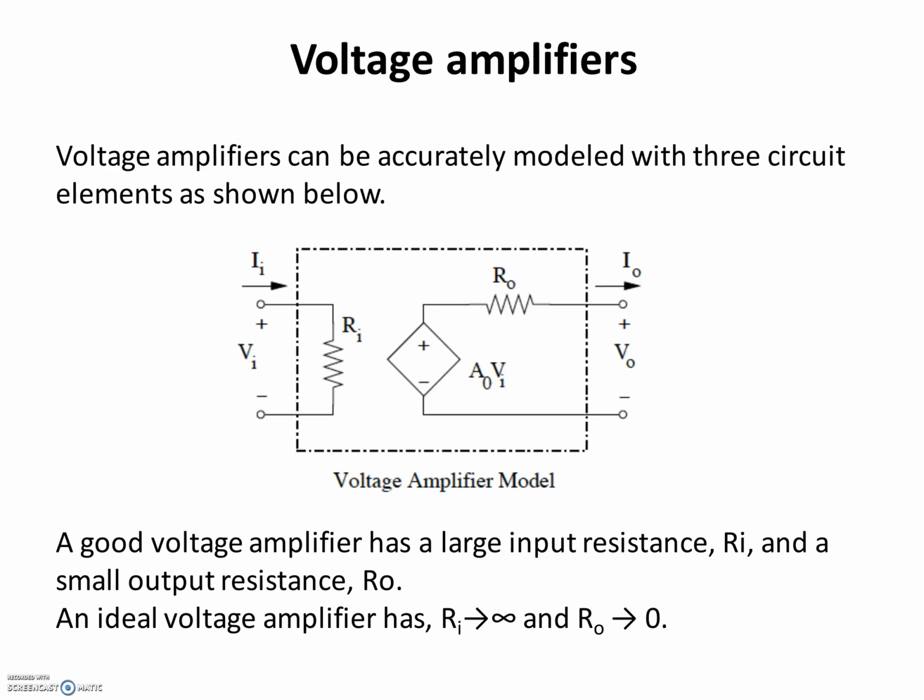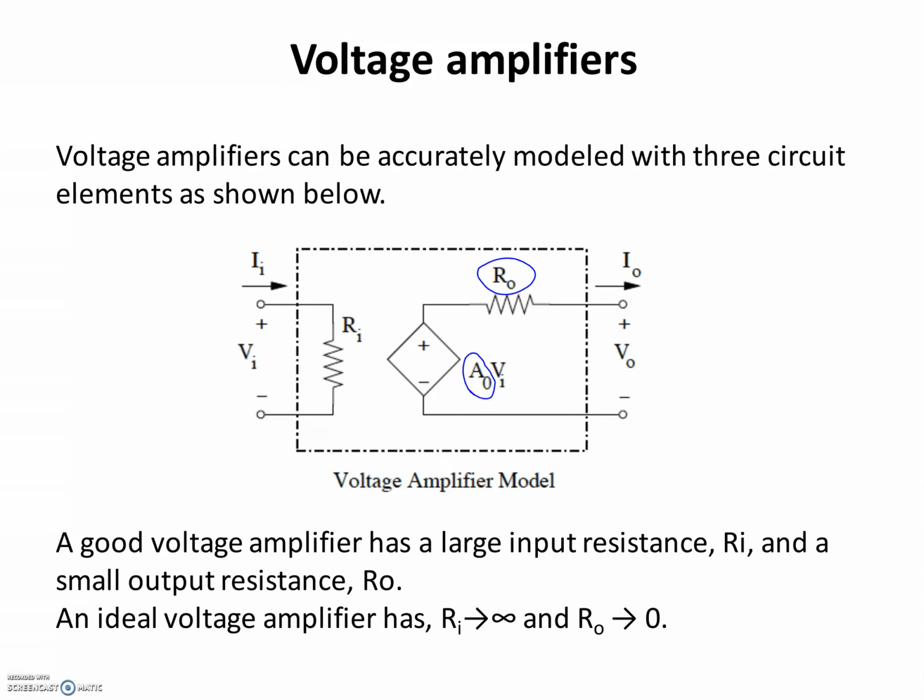Okay. So voltage amplifiers can be accurately modeled with three circuit symbols as shown below. If we know the input resistance, output resistance, and the open loop gain of these amplifiers, we can model them with these three parameters.